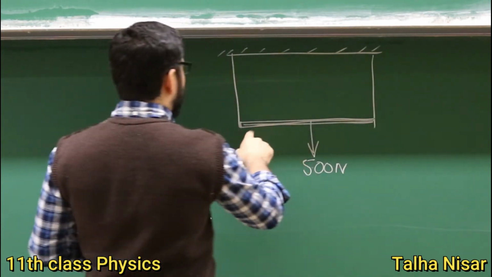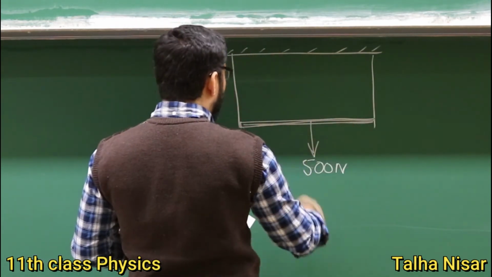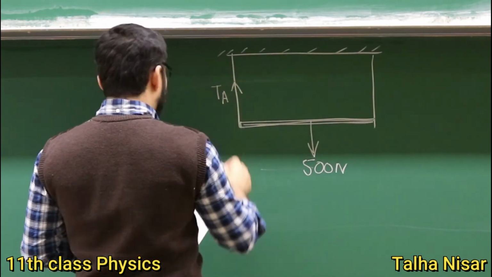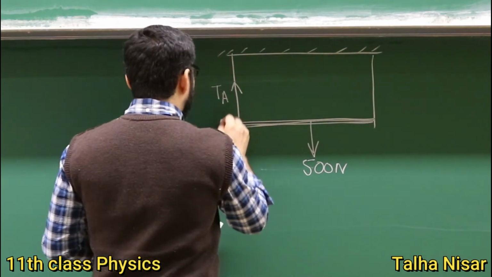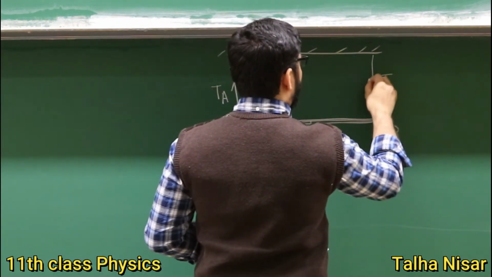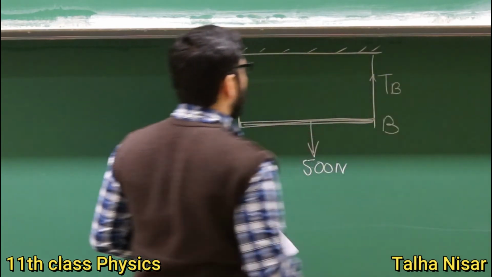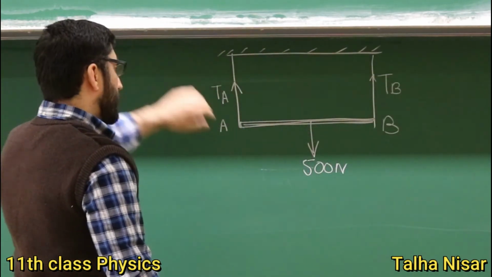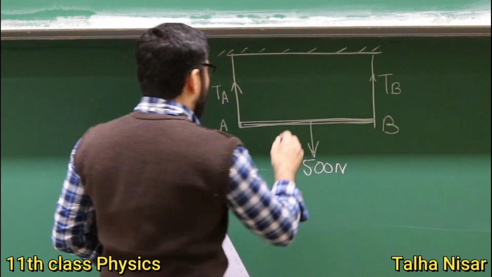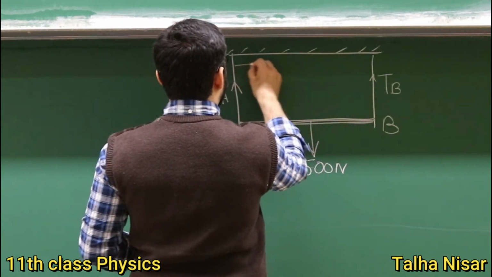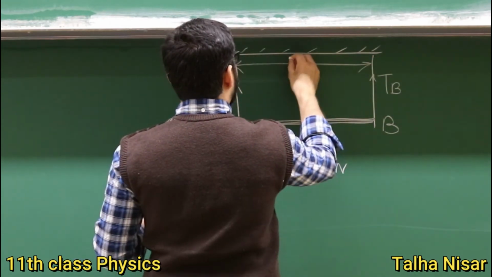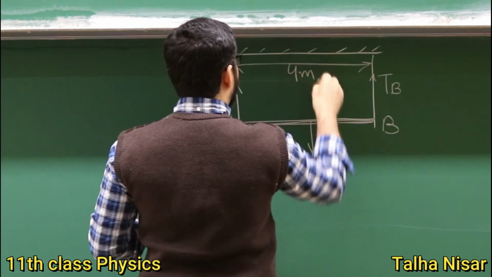Since this is there, there will be a tension here. This is TA, this side is TA, this is point A, and this is point B. This will also cause the tension here in this string. The total distance from here to here is 4 meters.